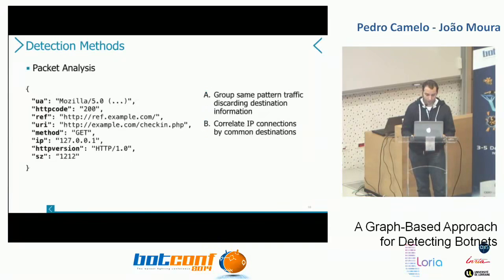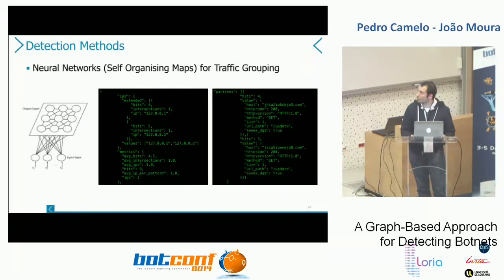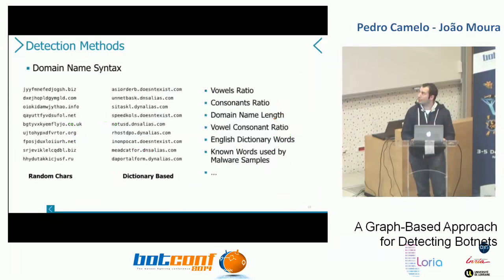On the other algorithm, the neural network, we used other information like the number of the HTTP code, the method, the size, and we joined here the domain name classifier features also. We have a total of 81 features for this algorithm, and this one we have a total of 11.